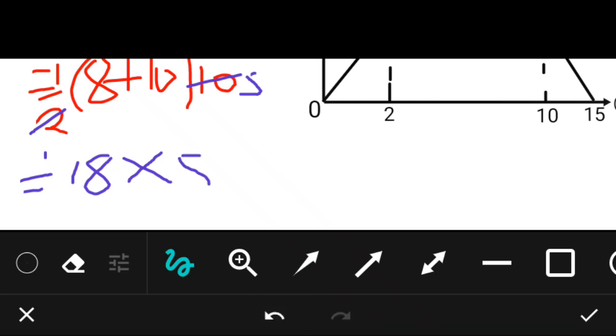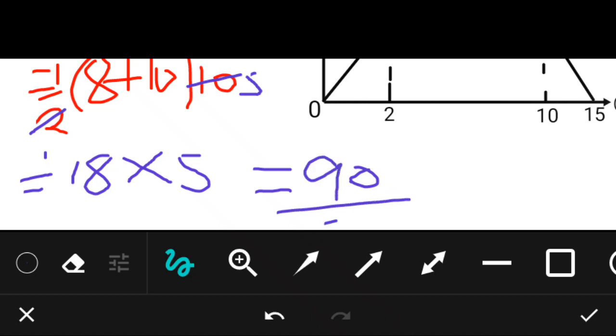Okay, 18 times 5. So when you multiply 18 times 5, that is what? So 8 times 5, that is 40. So it's 0, 0 carry 4. Then 5 times 1, that is 5. Then plus 4, that is 90.